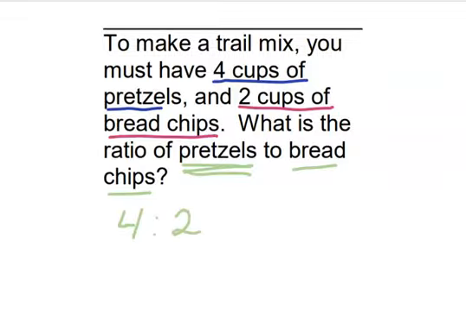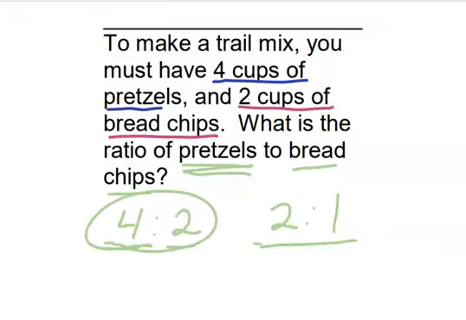So 4 cups of pretzels for every 2 cups of bread chips. Or we can actually simplify that and say 2 goes into 4 twice, 2 goes into 2 once. So you can put this as an answer as well. The ratio of pretzels to bread chips is either 4:2, or you can also put 2:1. Either one of those would be correct.